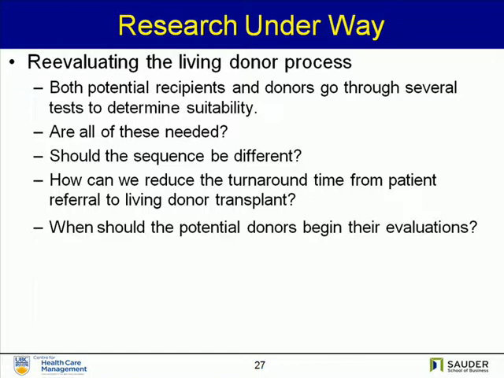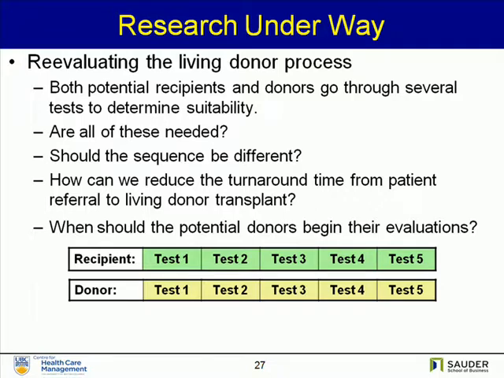And when should the potential donors begin their evaluations? Just to give a flavor of that kind of decision problem, one option is to start the donor stream of tests exactly when the recipient starts, if a donor is identified. Suppose, for simplicity, that we have these five different tests. They take the same amount of time, and both go through these tests at the same time.